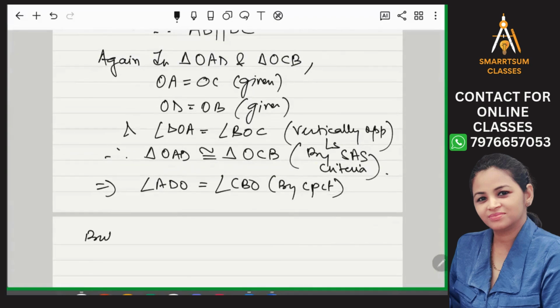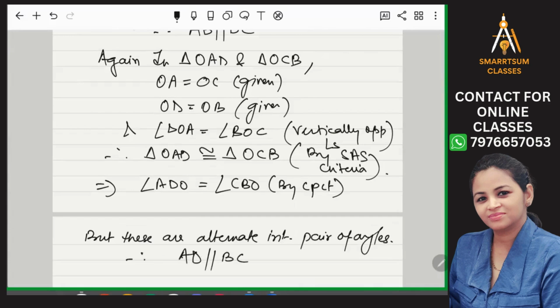But again, these are alternate interior pair of angles, right? Therefore, we can say that AD is parallel to BC, right?